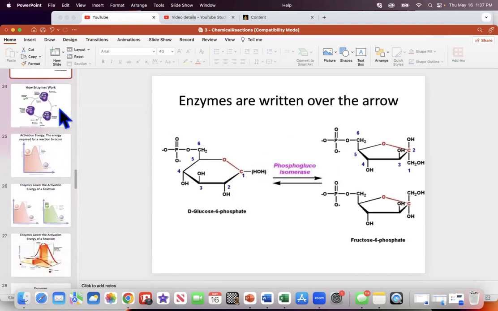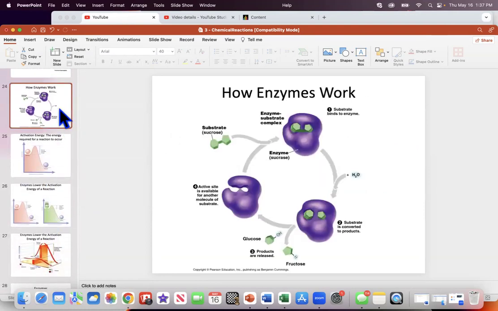So let's quickly look at how the enzyme works. The enzyme helps the chemical process to happen, but the reactants and products do not change. The original molecules we call reactants, and the final molecules we call products, won't change.